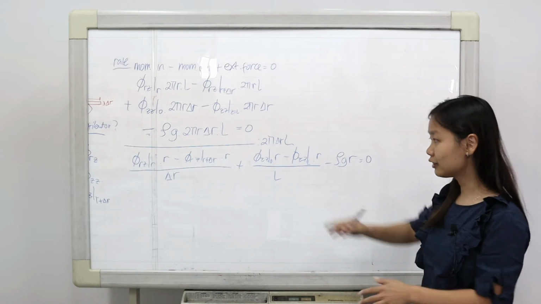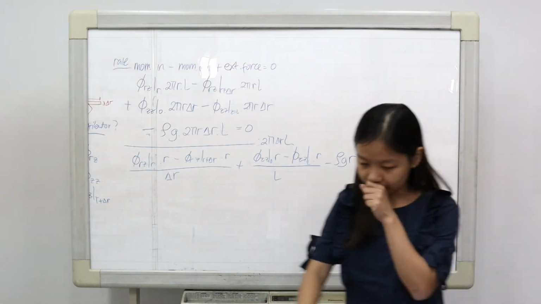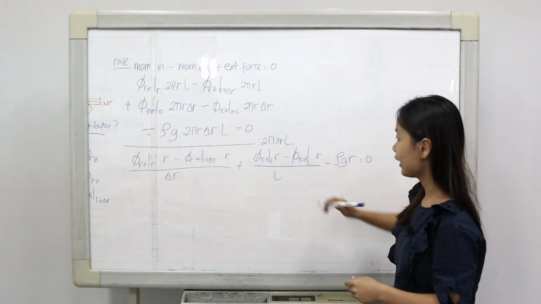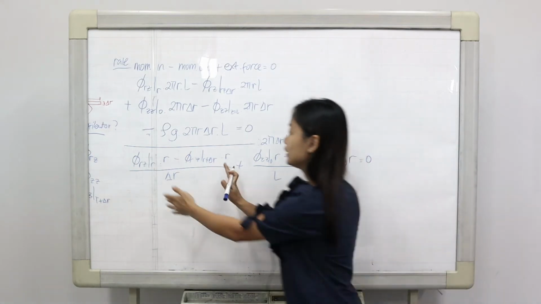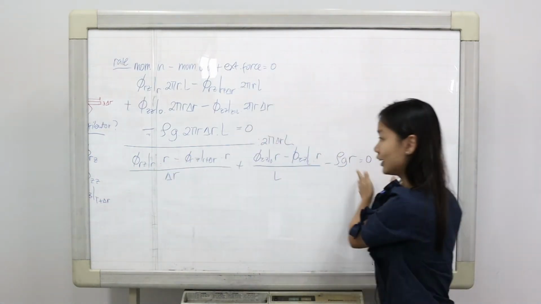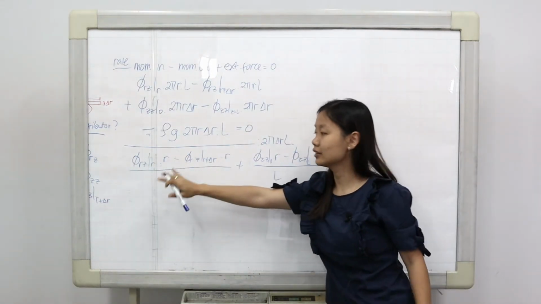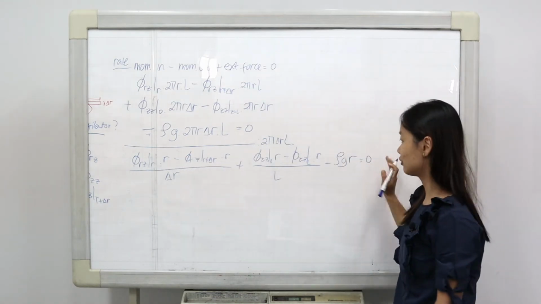Okay, so now I have this. I can move this part, the VRZ part, to the right.